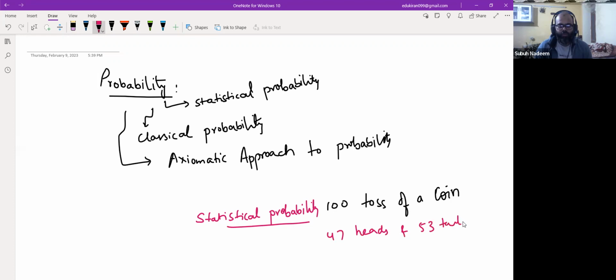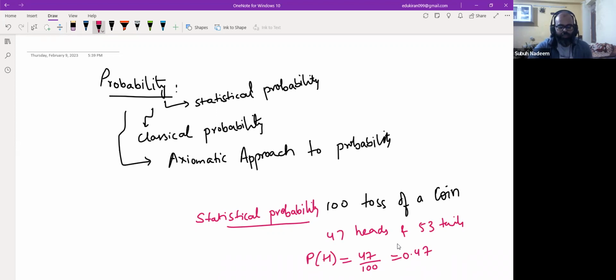Suppose someone asks, if I want to toss it, what will be the probability of getting head? You will say it is 47 by 100, that is 0.47. Similarly, the probability of getting tail is 0.53. So statistical probability depends upon the statistics.